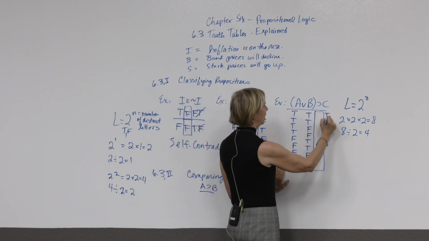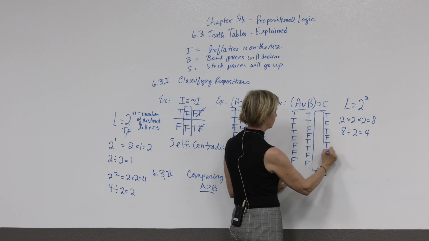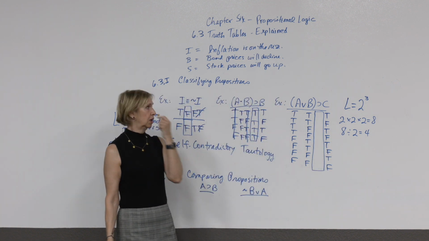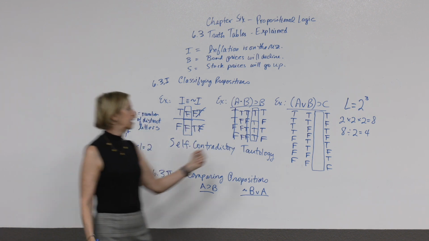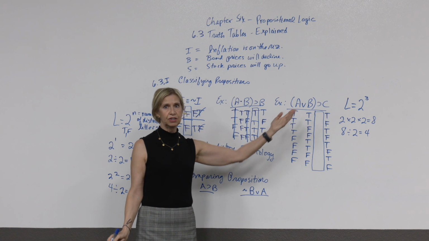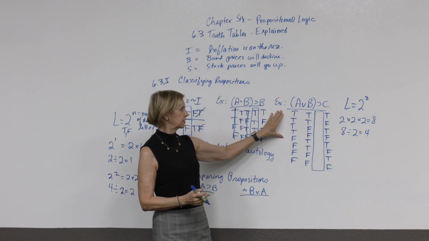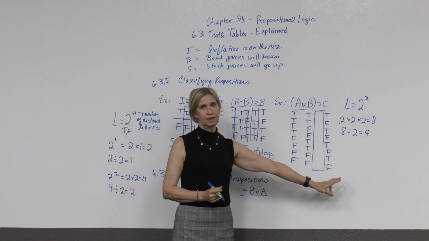When you get to your final letter, if you've done it correctly, it should always be alternating trues and falses all the way down. Okay? So, lo and behold, the algorithm works out beautifully that if you have 3 distinct letters, you need 8 total lines. If you start with the first letter, 4 and 4, then by 2s, and then every other one.